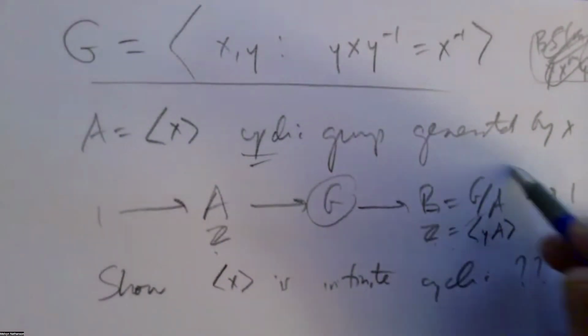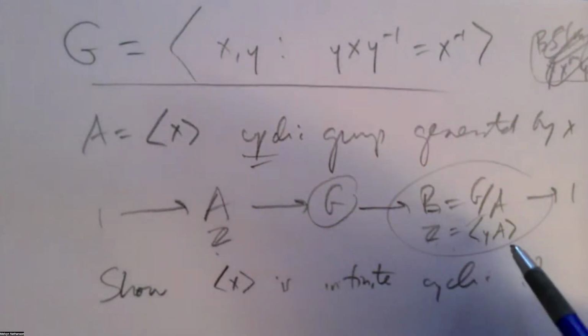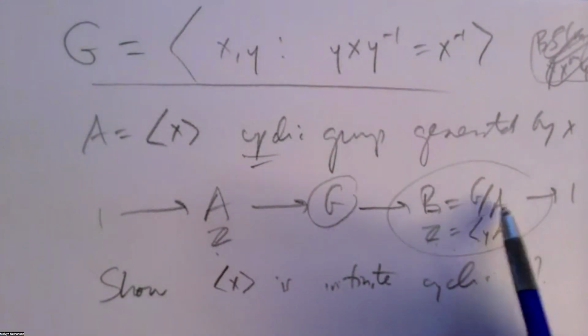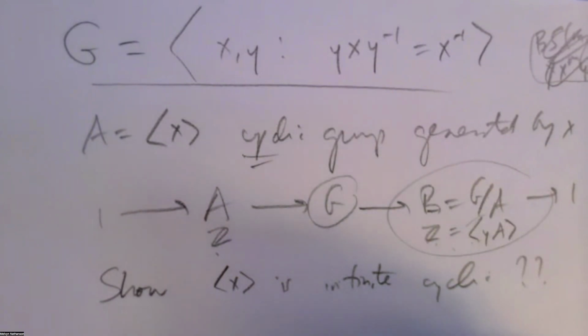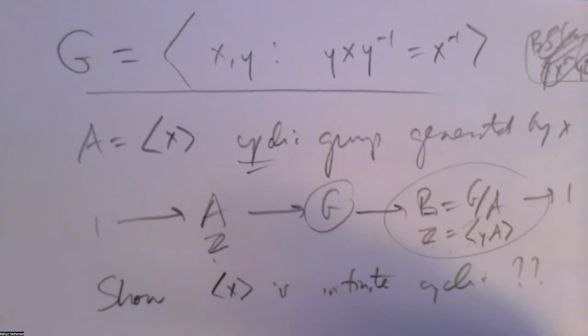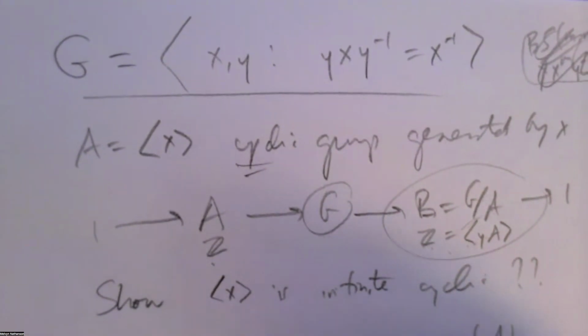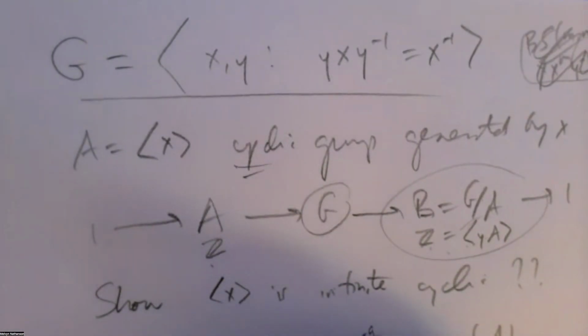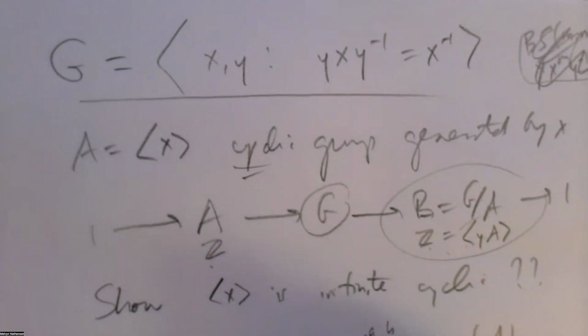Just to look at this, if I take G mod A and I look at the coset yA and I multiply that by any element g, as Alex just said, you can always write g in some form x to the a, y to the b.